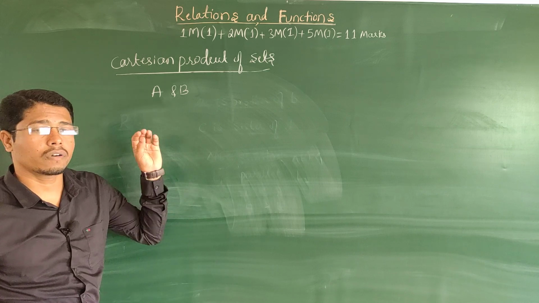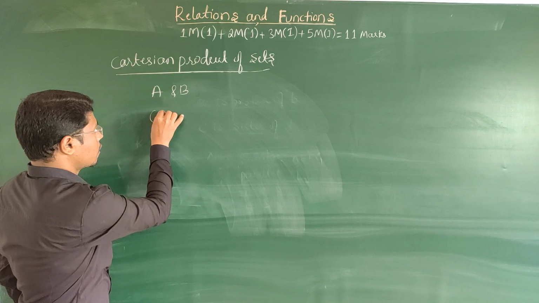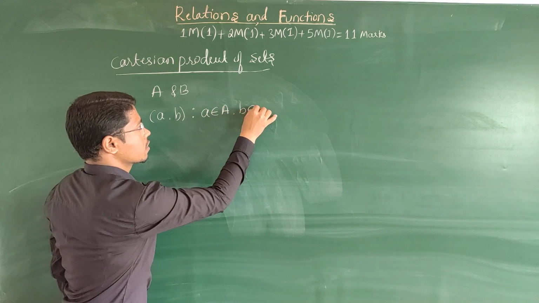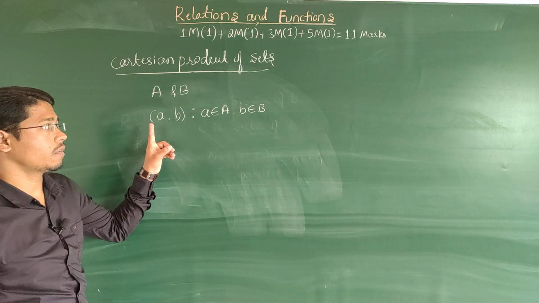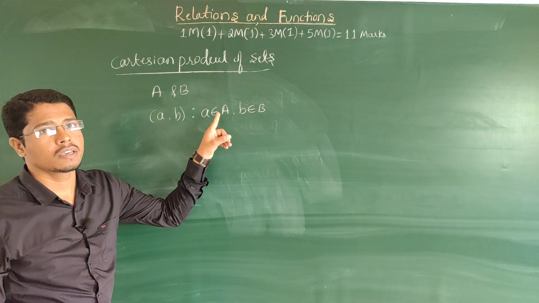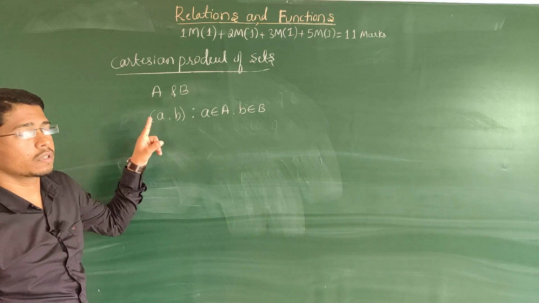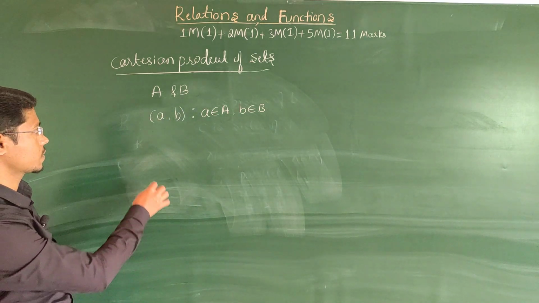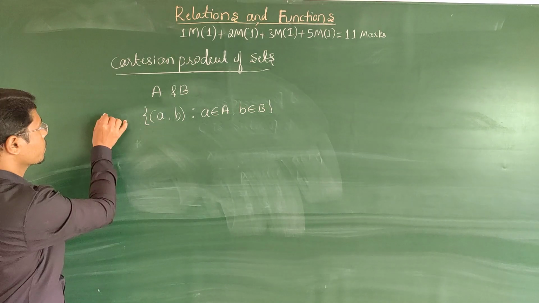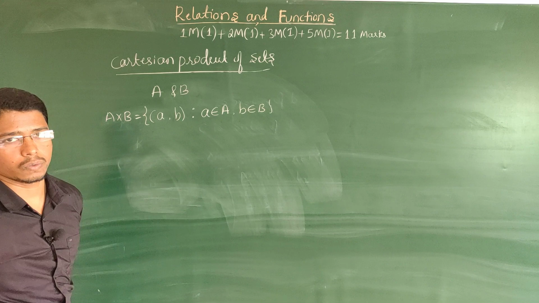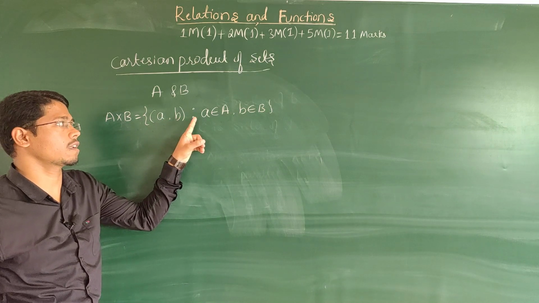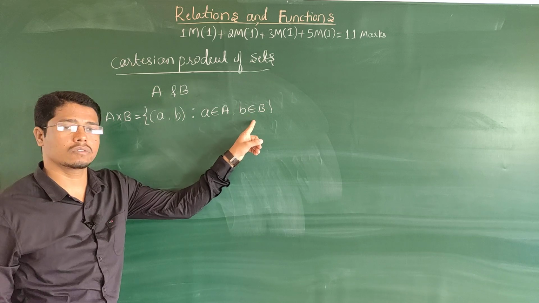Then the set of all ordered pairs (a, b) such that a belongs to A and b belongs to B is called the Cartesian product of the set A to the set B. It is represented by A cross B. So A cross B is equal to the set of ordered pairs (a, b) such that a belongs to set A and b belongs to set B.